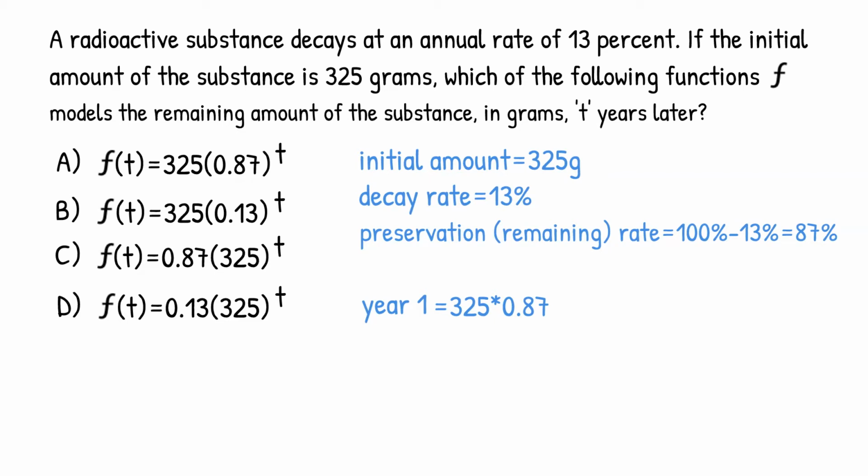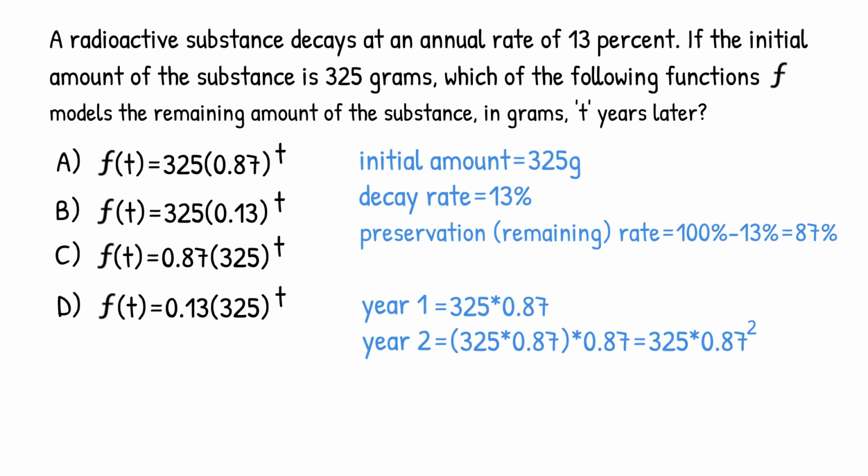So let's put it down in these numbers. Whatever amount we get after 1 year, which is 325 times 0.87, that amount, it's in the brackets right now, will be multiplied by another 0.87, which means that of the remaining amount, only another 87% will remain.